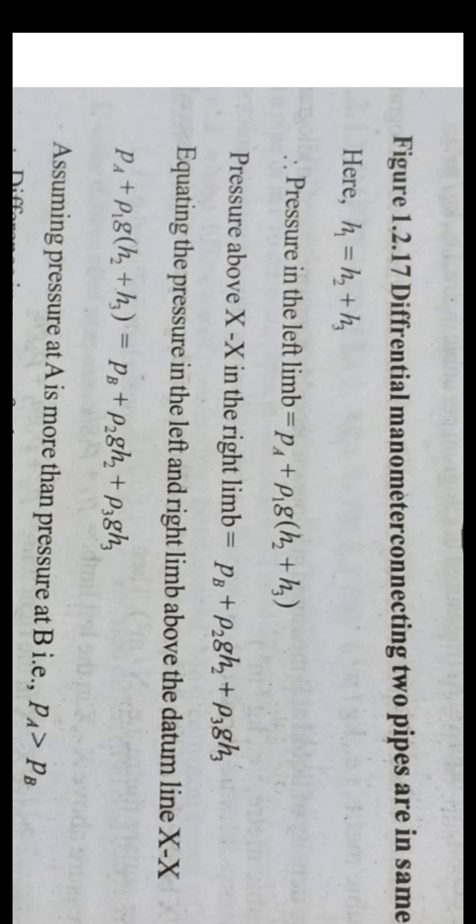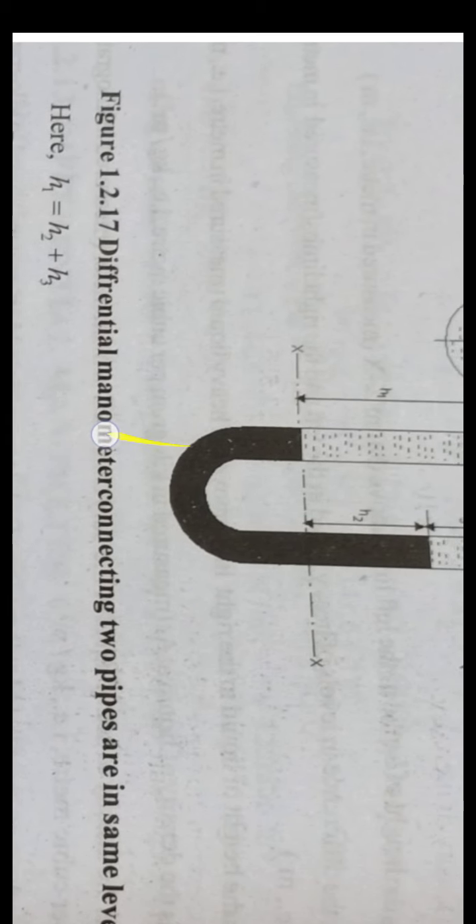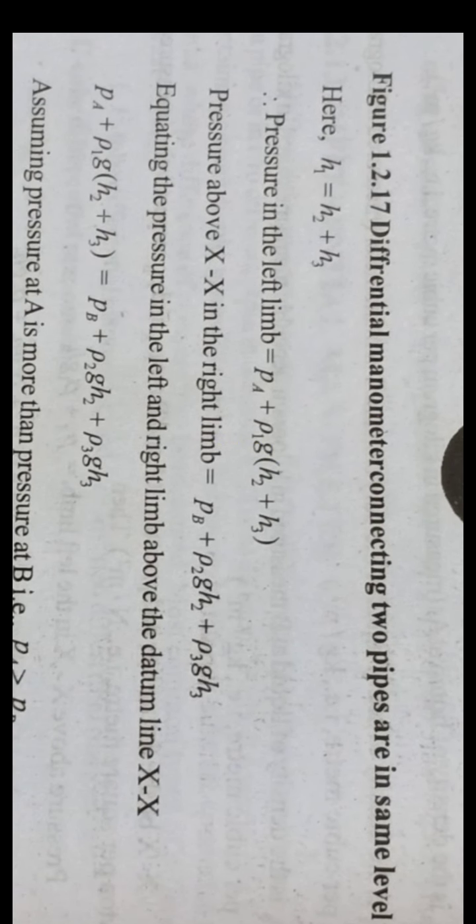Now we will check the right limb. PB is the pressure of liquid in pipe B, plus rho 2 GH2, the pressure exerted by the manometer liquid, plus rho 3 GH3, the pressure of liquid from pipe B in the right limb of the manometer.